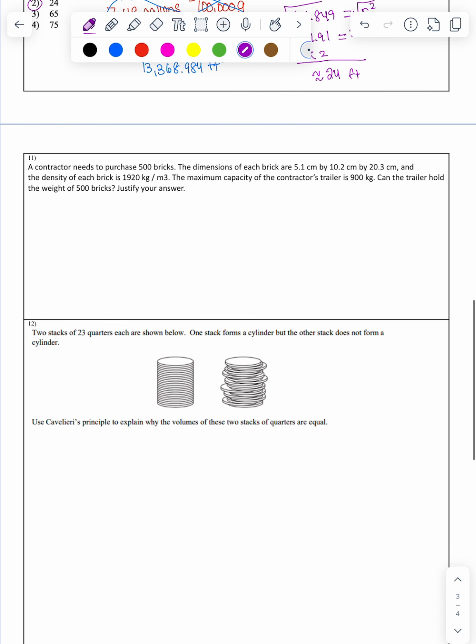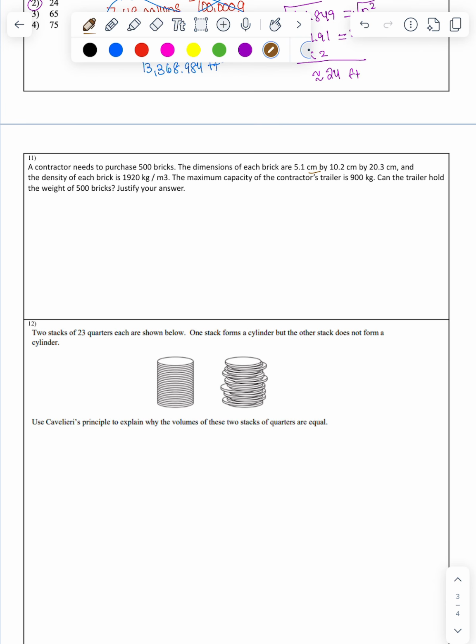Okay, for number 11, this is one where we do have to recognize that we need a conversion. We need to figure out if the 500 bricks are going to fit in the trailer with the weight, if it's going to be able to support the weight of 500 bricks.